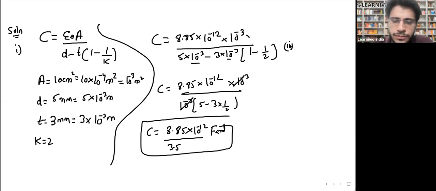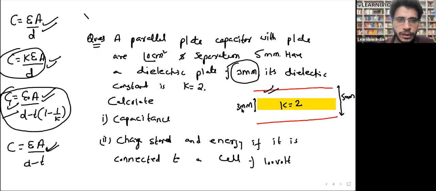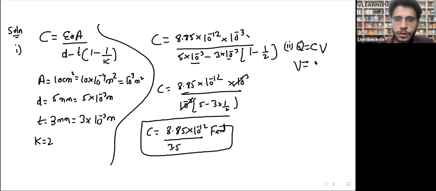So C is equal to Q by V. Q is equal to C times V. Potential is given in the question. It is given that potential here is 100 volt. So V is equal to 100 volt.